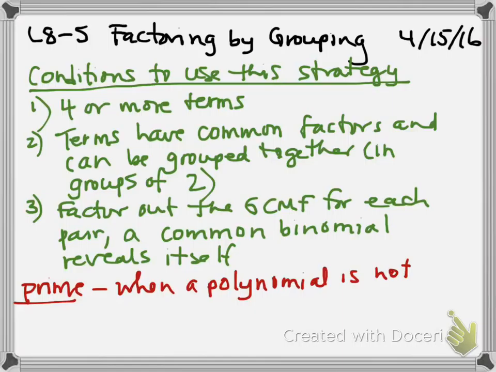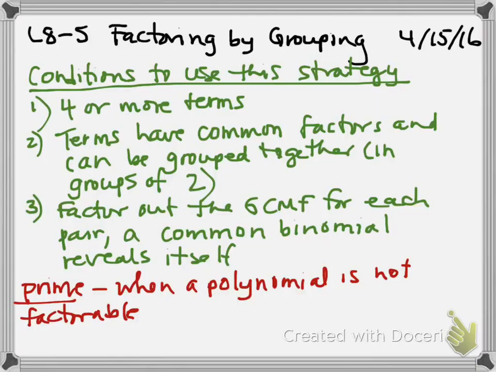So when a polynomial is not factorable, okay? There's times when you have a binomial and there's no GCMF, and that's it. It's not any other kind of special binomial, and you can't factor it. And so that might be prime, okay?